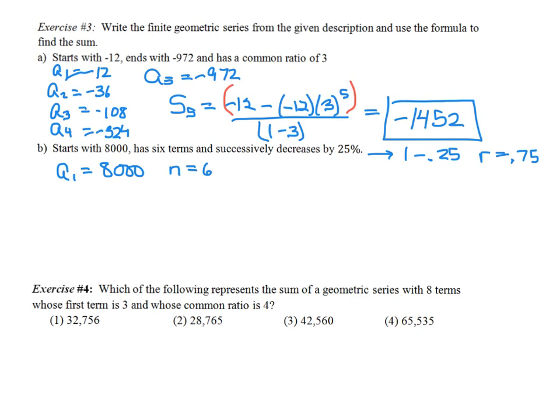So for this one, we're going to say, start with S6 is equal to A1, which is 8,000, minus 8,000 times the ratio 0.75 to the 6th power all over 1 minus 0.75.